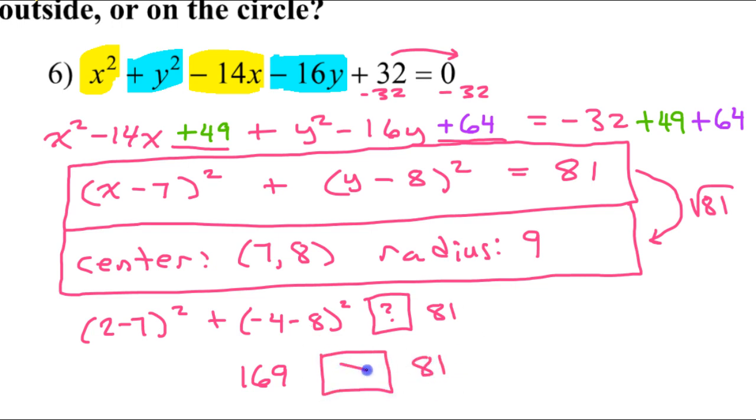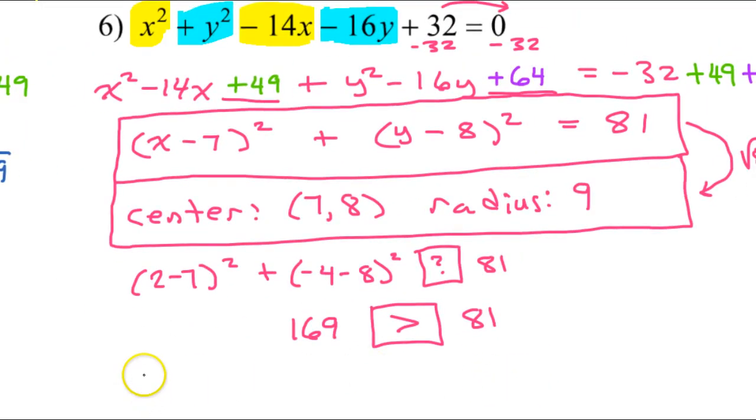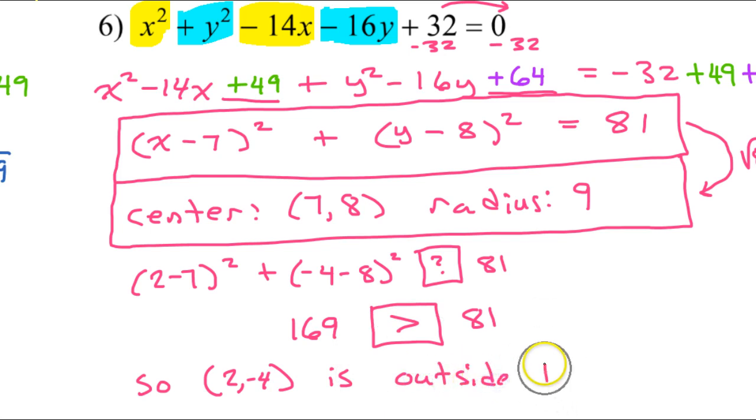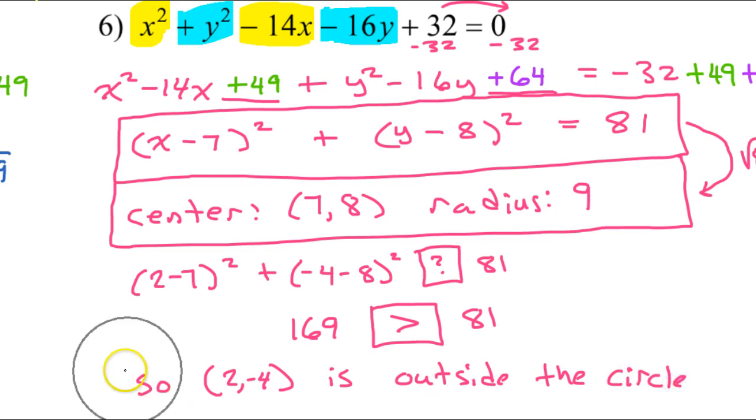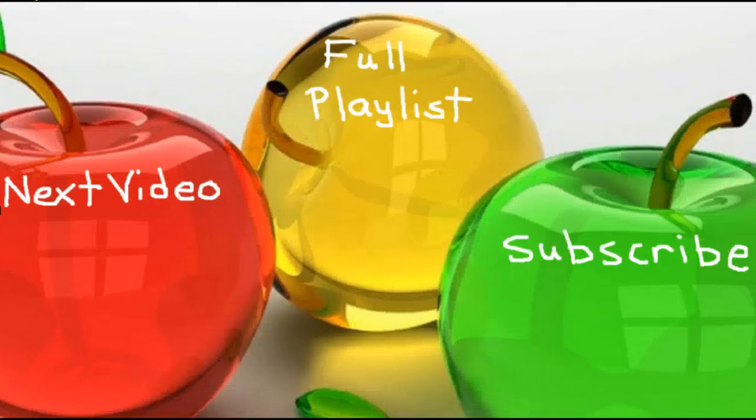Well, clearly, that is larger than 81. So that means that the point 2 comma negative 4 is outside the circle. All right, and that's the last thing we were supposed to find for problem number 6.